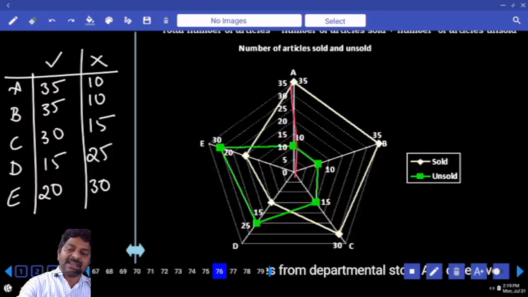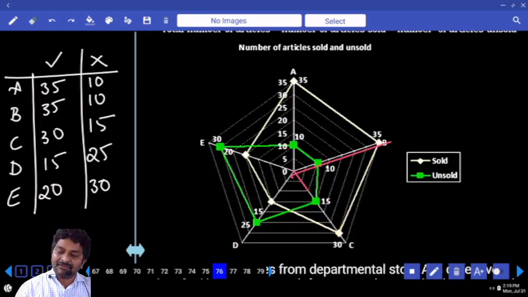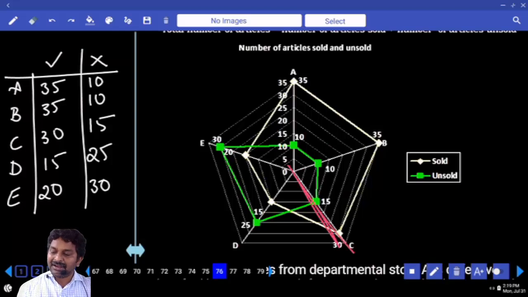Otherwise also we can calculate. If the scale is 0, 5, 10 and so on, every line is equal to 5 only, right? So for B, observe my tick mark. First tick mark is here, one line is over and the green color value is on the second line only, that means 10 only, right? And then for C, let's count.